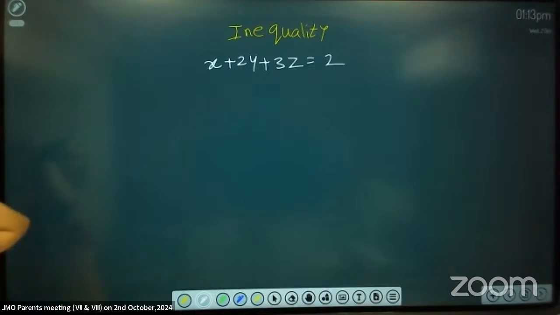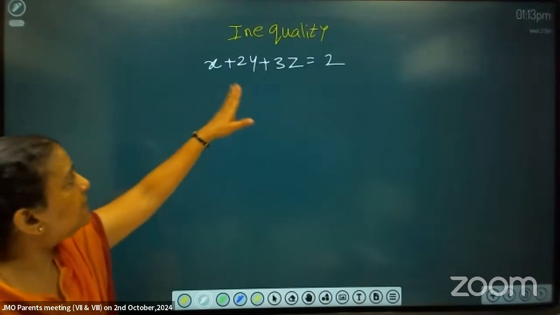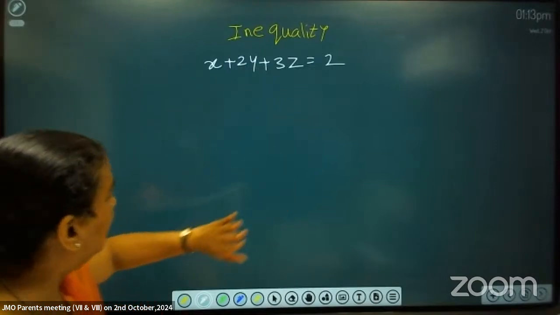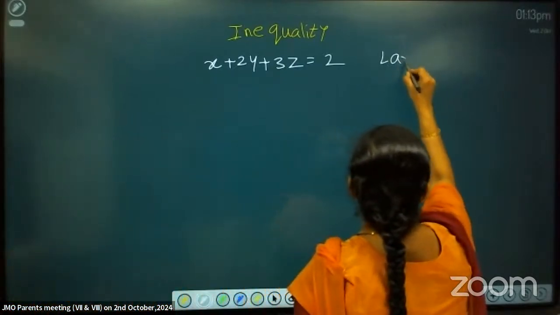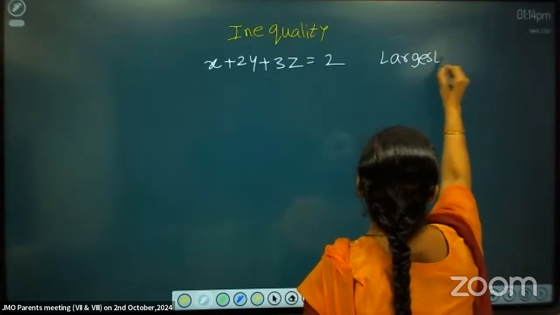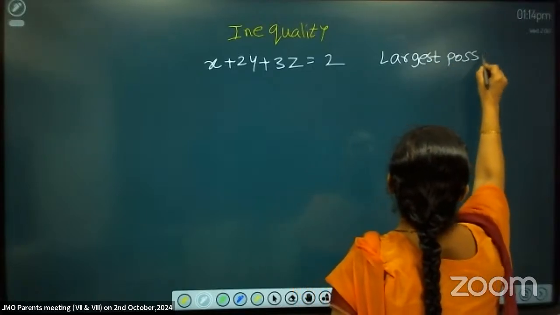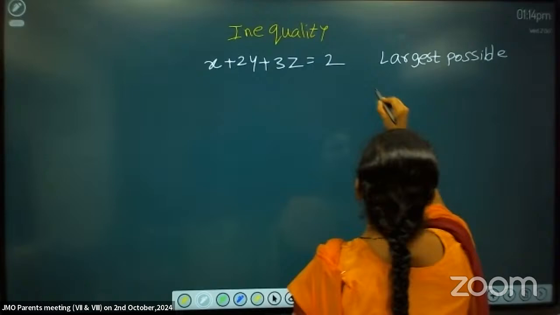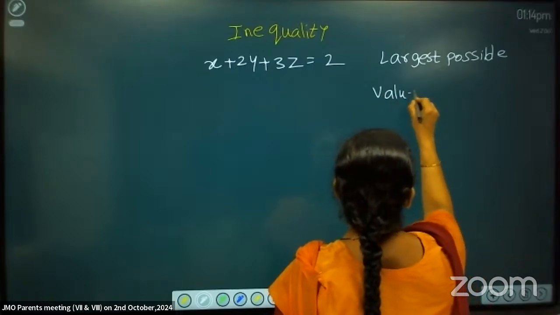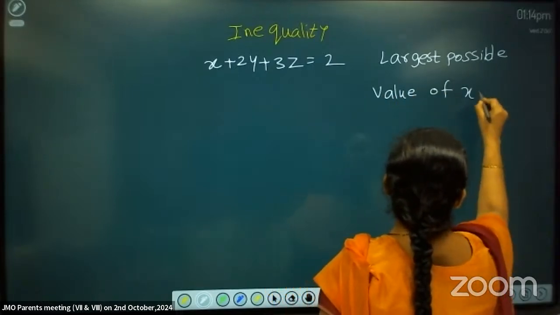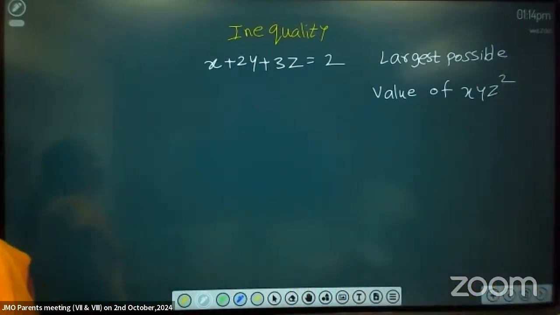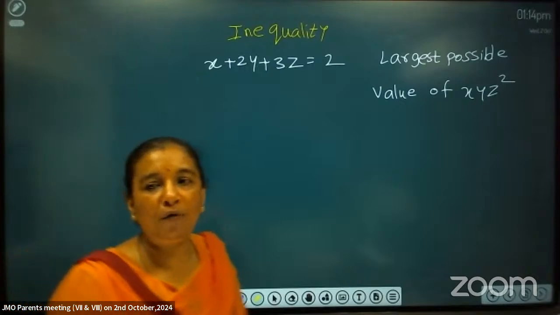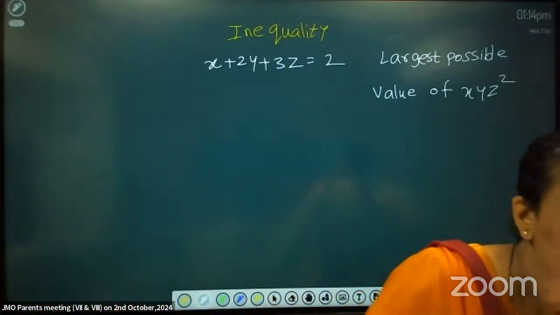I'm giving you one equation: x plus 2y plus 3z is equal to 2. You have to tell me the largest possible value of x, y, z square. Okay, the largest possible value of x, y, z square.